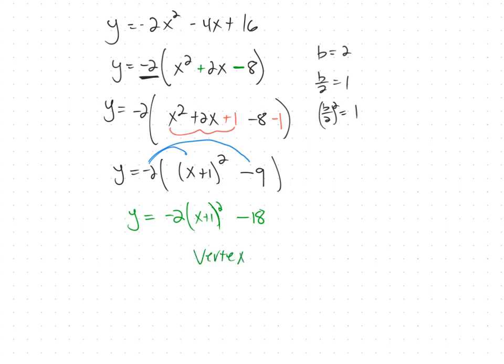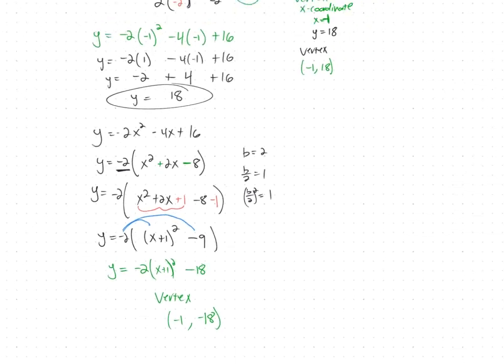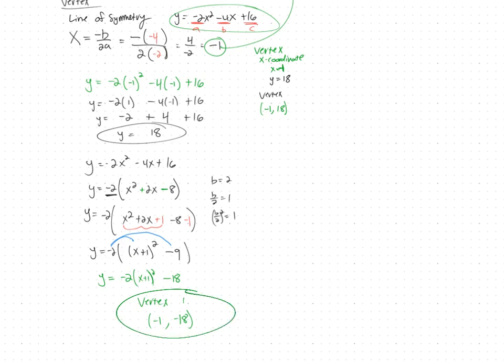And it's the opposite of the inside guy. So it's +1, the vertex point is -1. The y coordinate is just the outside, copied, 18. This is the same vertex as we had before. So you can choose whichever method you like the best to find the vertex.